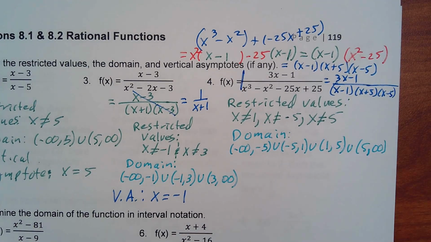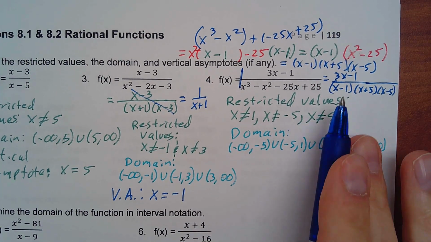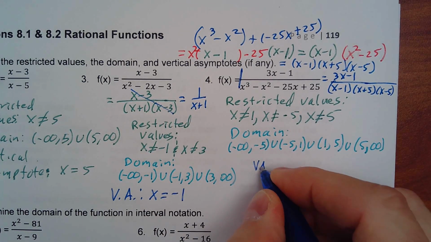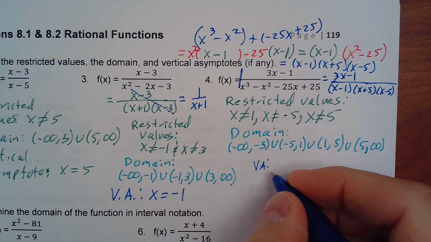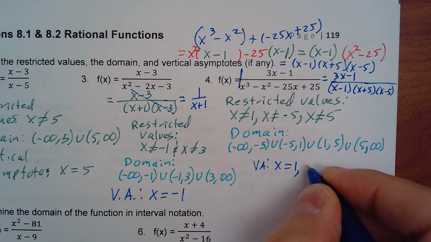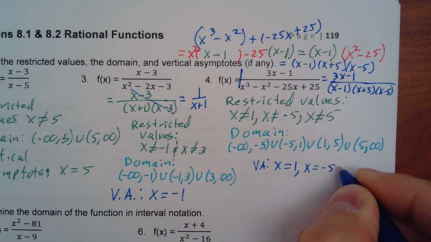So there's nothing I can reduce here. So I'm going to get three vertical asymptotes. We're going to have one at x equals 1, x equals negative 5, and at x equals 5.